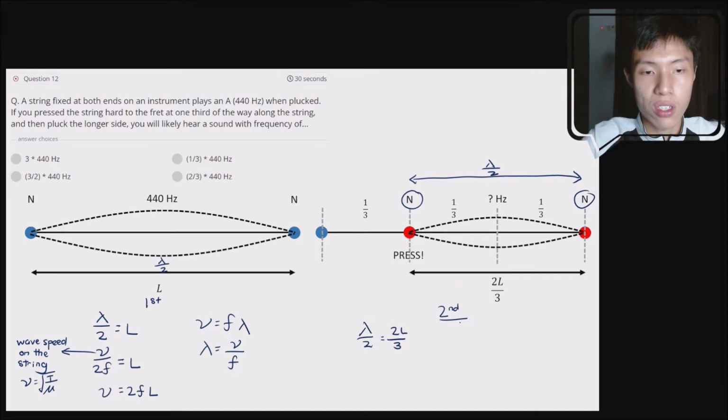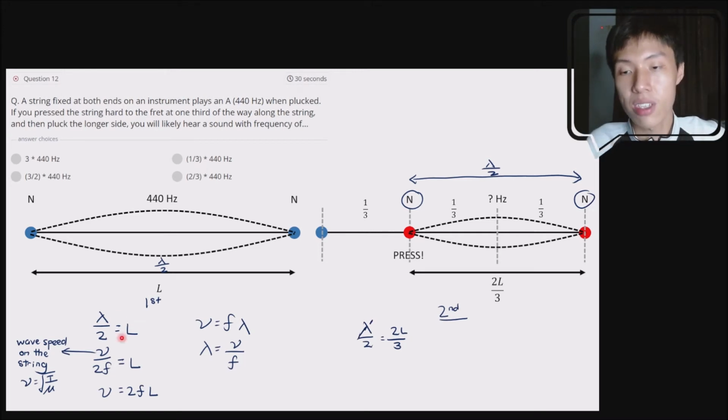And of course, you know that this will be a new lambda. This lambda will be different from the lambda in the first situation. And also the length here is still the same length of the string. The total length of the string is still L, just that now the new length of the string is 2L over 3. But the L is still representing the whole string over here.